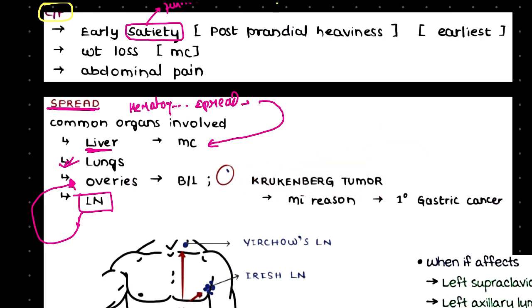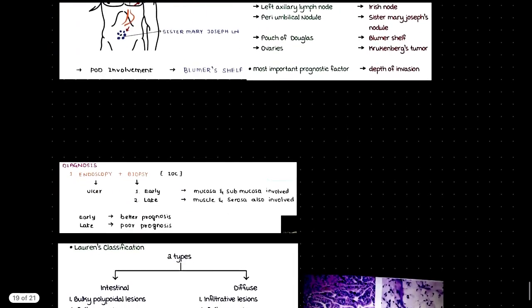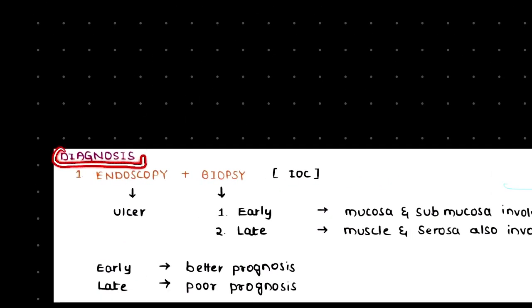Okay, now moving further, another thing that we would like to deal with now is diagnosis. Now how are we going to diagnose, right? In order to diagnose it, what we will do is we will just observe it with our own eyes, right?